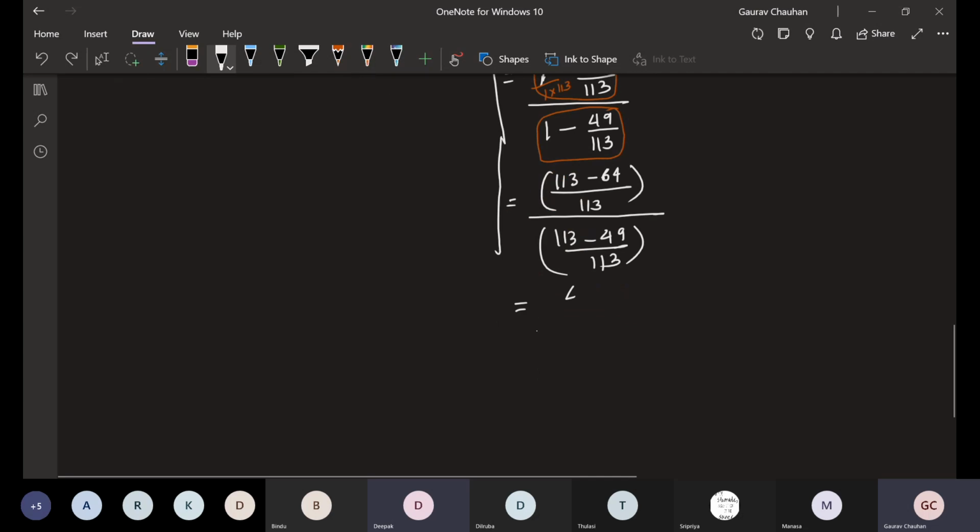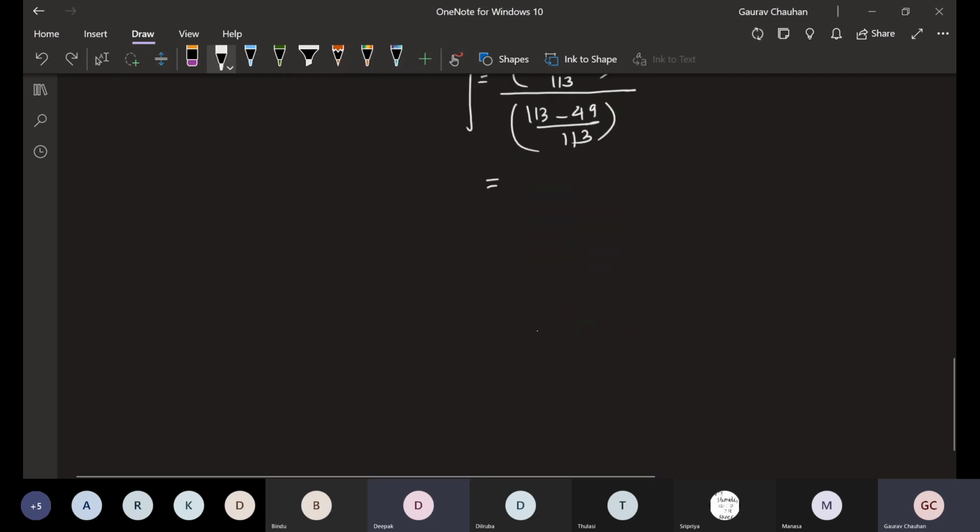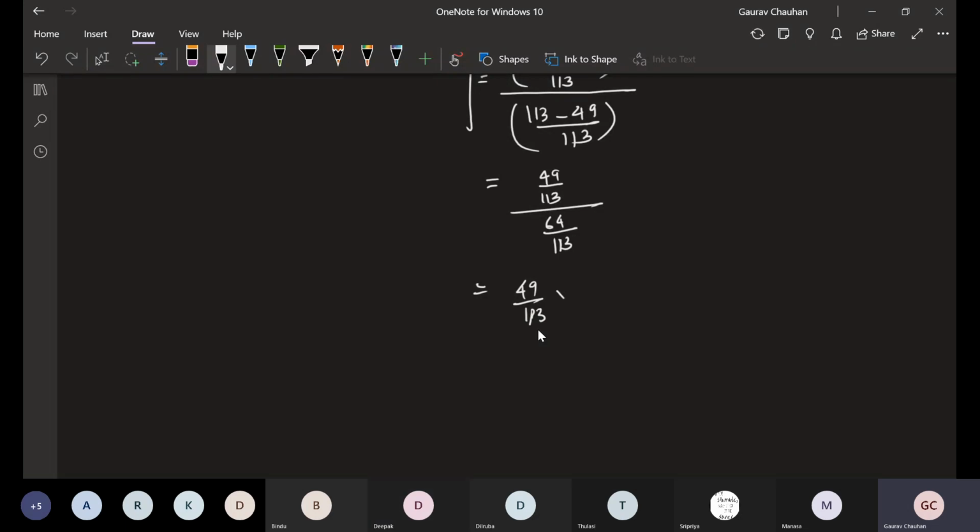Let me write it clearly: 49 by 113 by 64 by 113. Then we'll move the 64 by 113, reciprocal it. We can write it like this: 49 by 113 into 113 by 64.